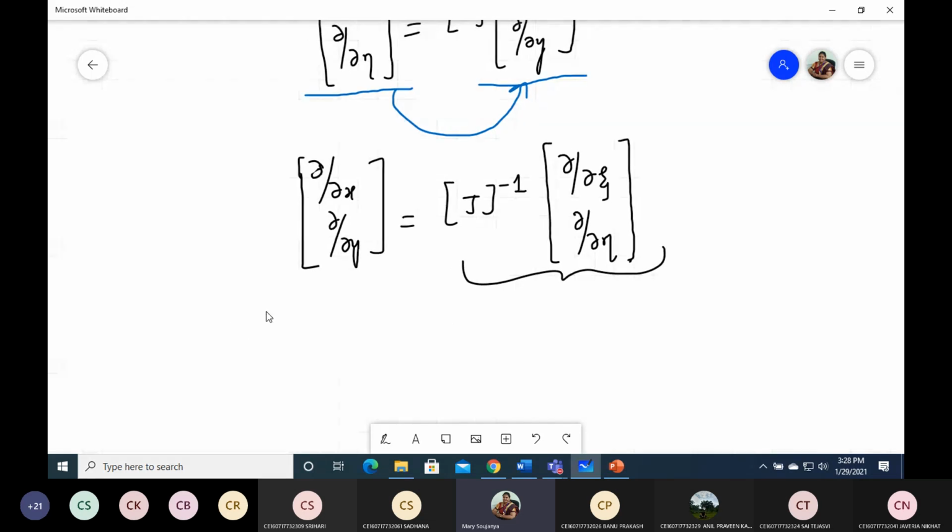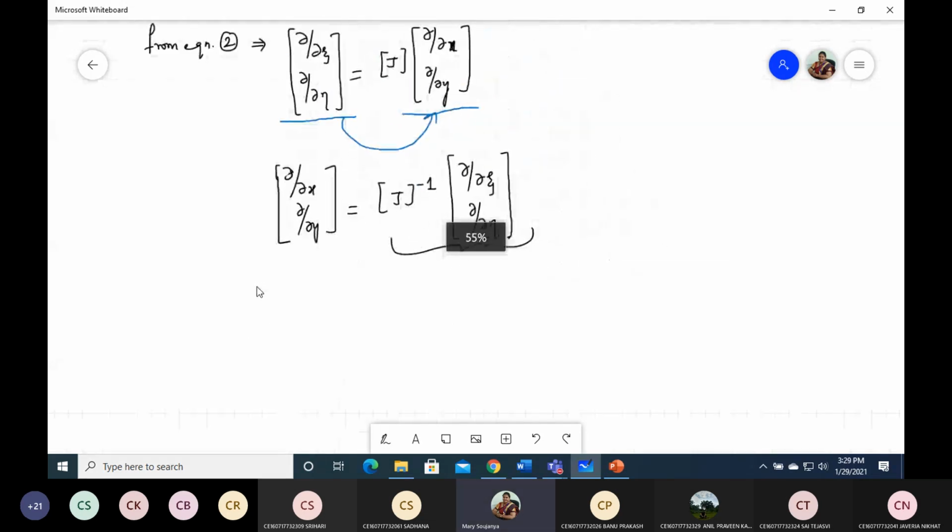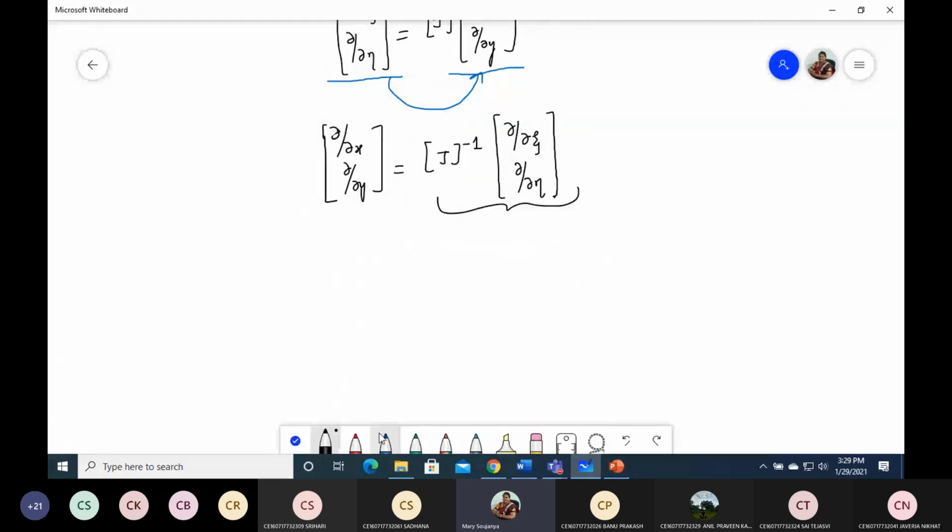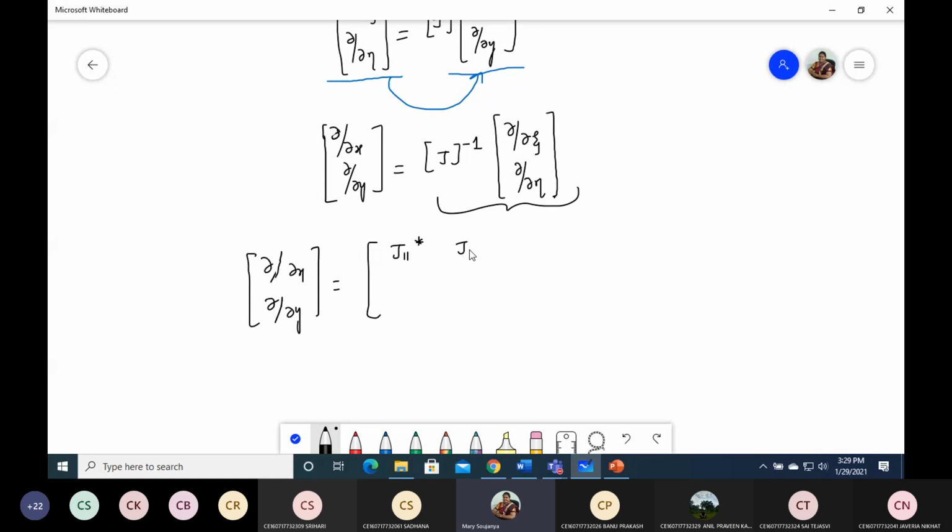This can be rewritten as dou by dou x, dou by dou y is equal to the inverse of J into dou by dou xi, dou by dou eta. This is just the representation; when we solve a problem, you will understand what we actually did.